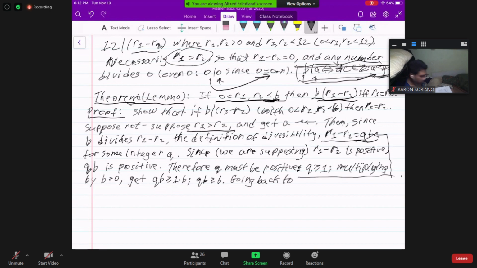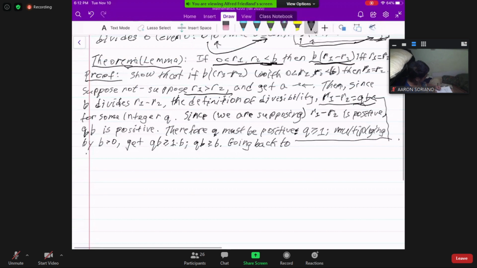Okay, so going back to R sub 1 minus R sub 2 equals QB. This says R sub 1 equals QB plus R sub 2. Add R sub 2 to both sides.